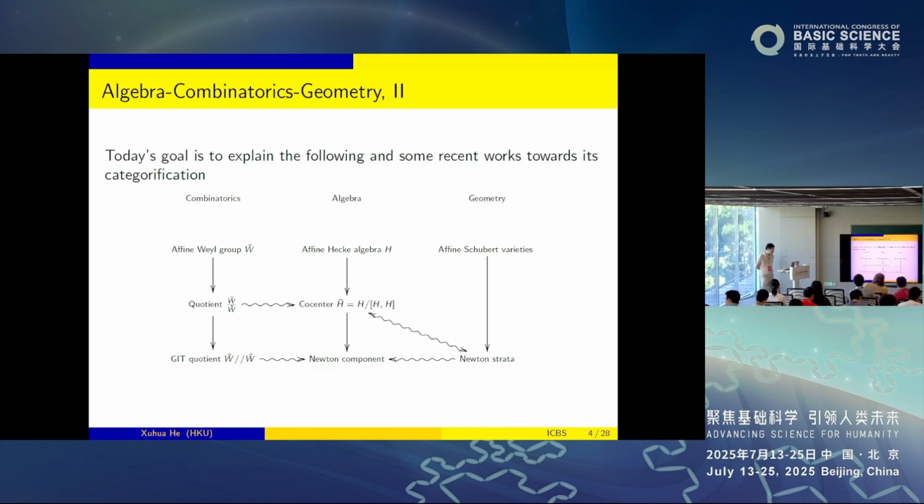From the affine Weyl group, if you do the deformation, you get the affine Hecke algebras, and the geometry is the affine Schubert varieties. This is similar to what we have seen above.